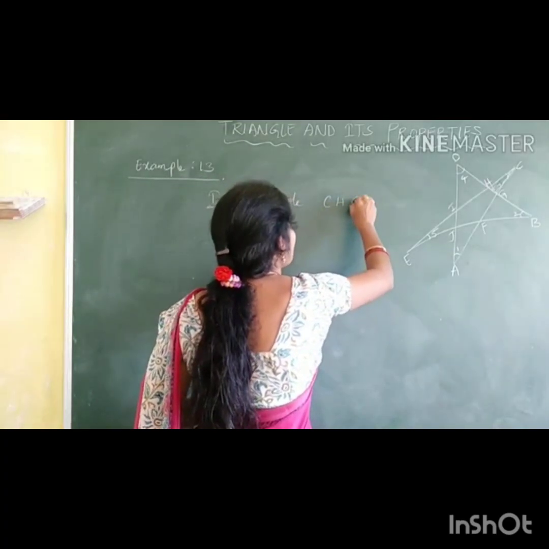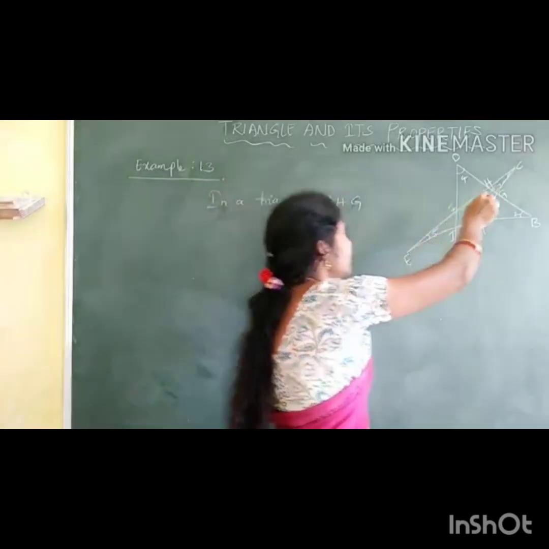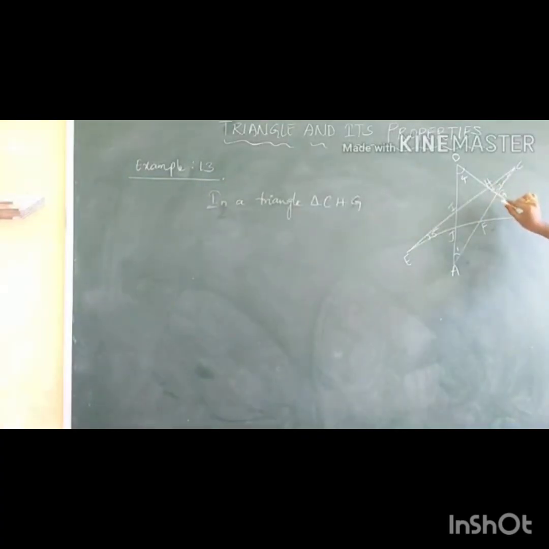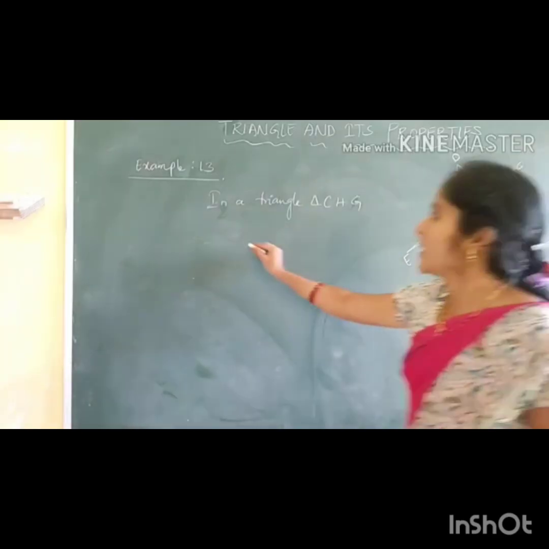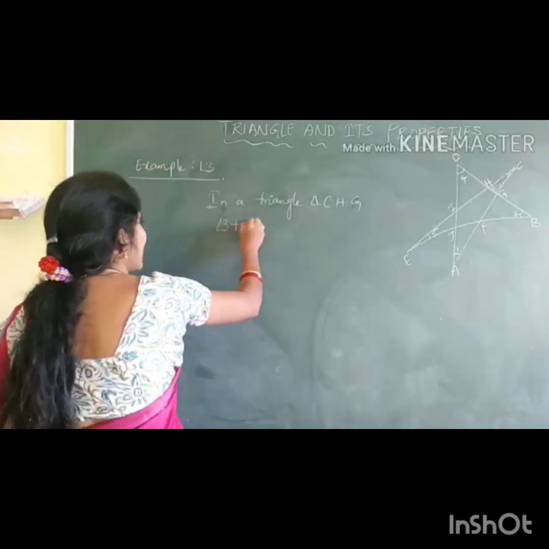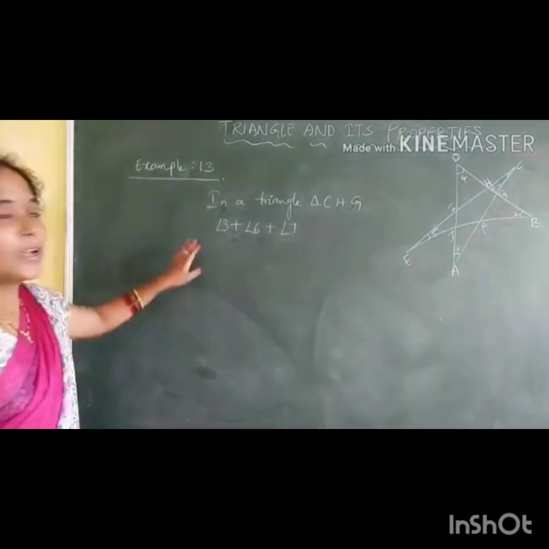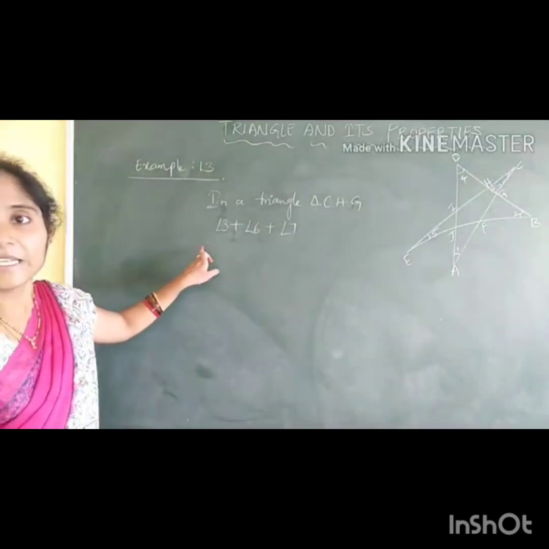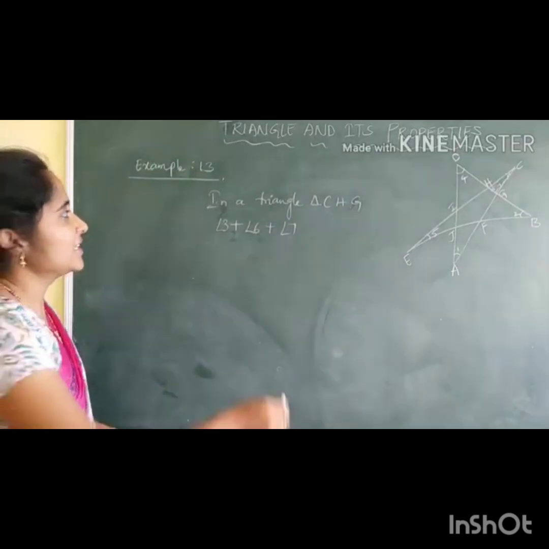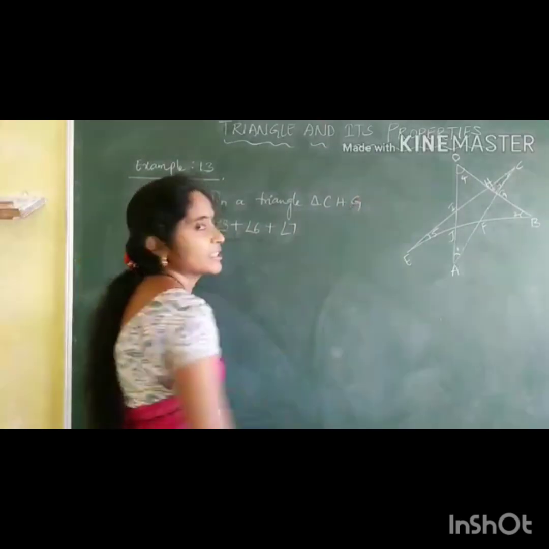In triangle CHG, what are the angles in this small triangle? Angle 3, angle 6 and angle 7. Angle 3 plus angle 6 plus angle 7. 3 angles are there. You already know the sum of all interior angles of a triangle. These 3 are interior angles of the triangle.